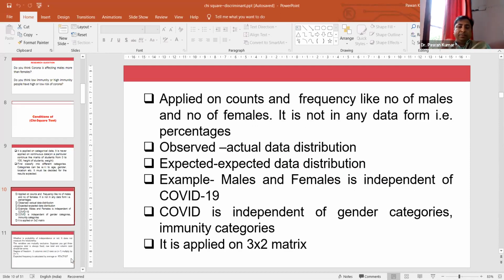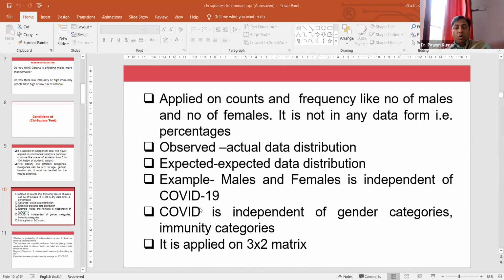Okay, and more importantly, it is applied on counts and frequency. When you apply the cross tabulation chi-square test, you will get the counts and frequency. You have two important things in the chi-square test: one is the observed data and one is the expected data. Observed data is already in the form of counts, and expected data you compute with the help of the formula or with the help of the software.